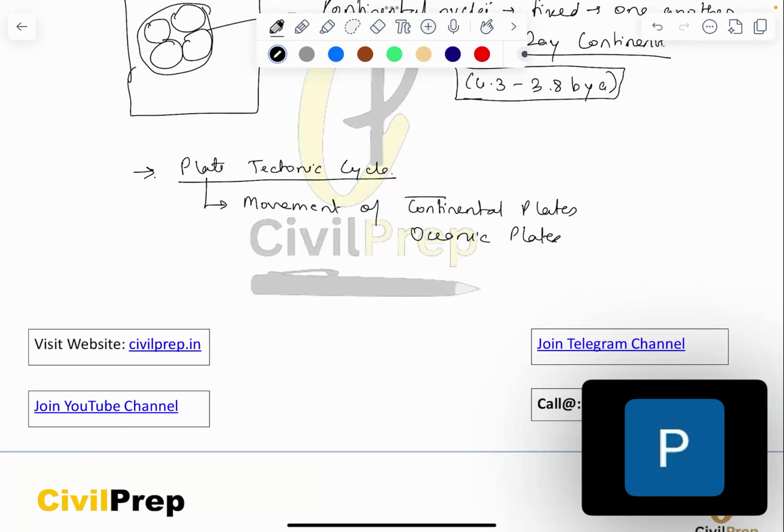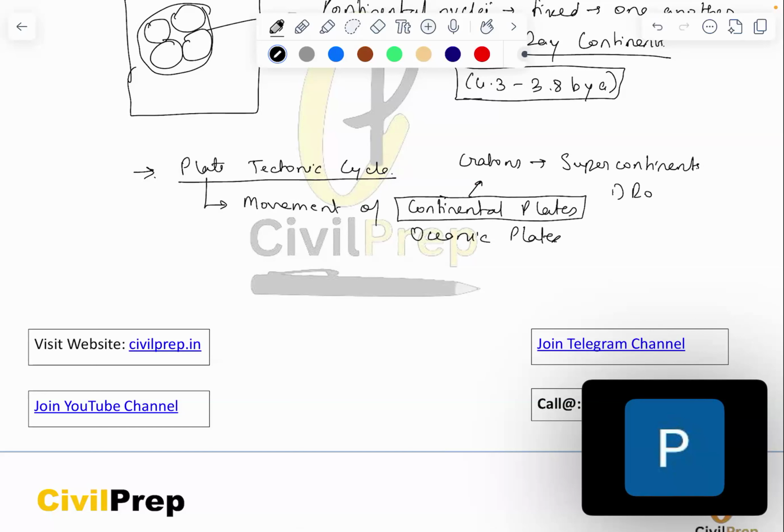With the movement of continental plates, the various cratons resulted in the formation of supercontinents. For example, number one, Rodinia. Number two, we have Pangaea, etc. So these are certain supercontinents which have formed in the recent past.